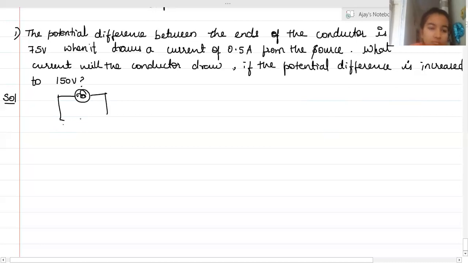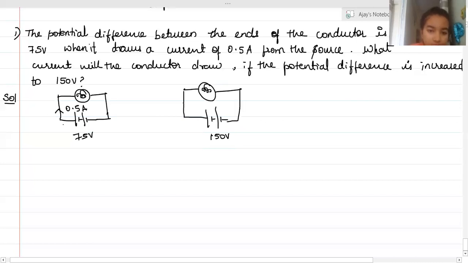Later on, I'll discuss it. It is connected to a source battery having 75 volts, and the current flowing is 0.5 ampere. So what happens to the current if the battery is increased to 150 volts? What will be I2?